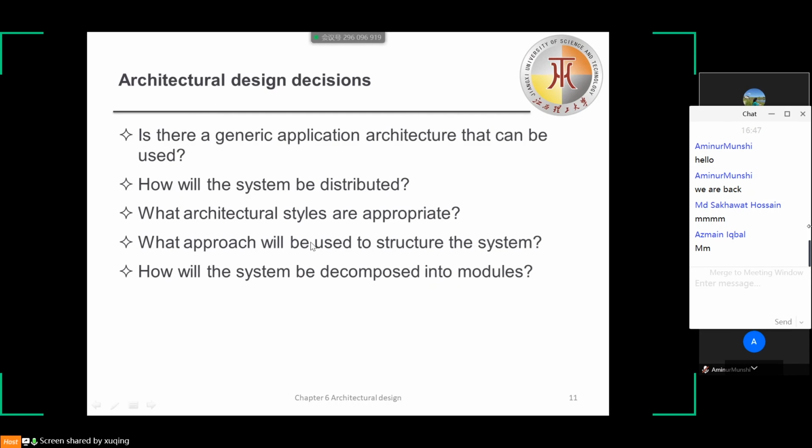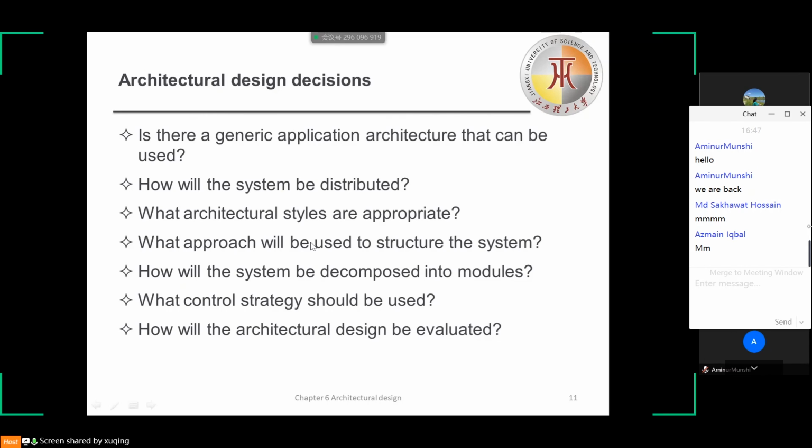How will the structural components in the system be decomposed into subcomponents? We have the sixth question, what control strategy should be used? What strategy will be used to control the operation of the components in the system?